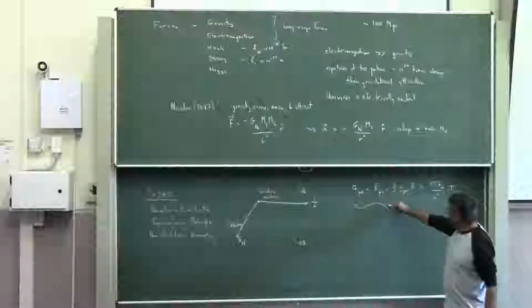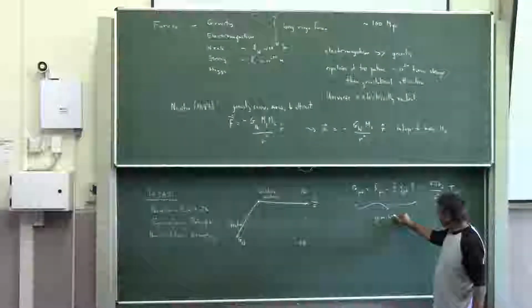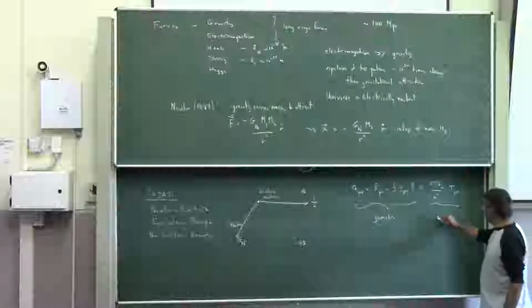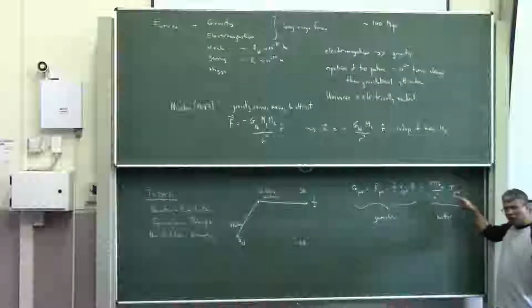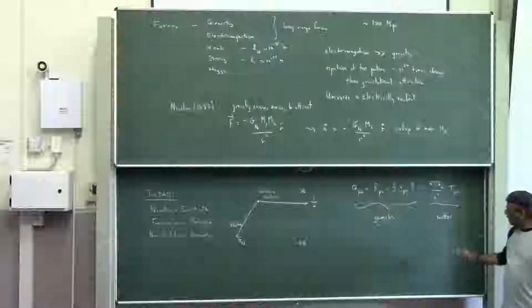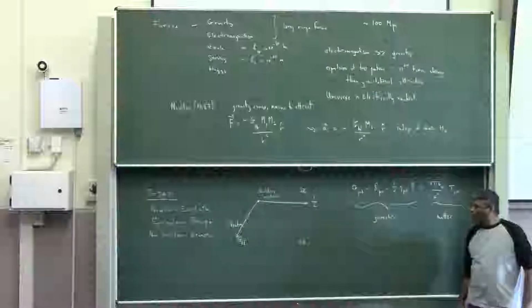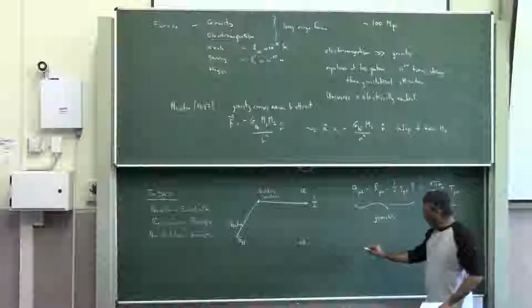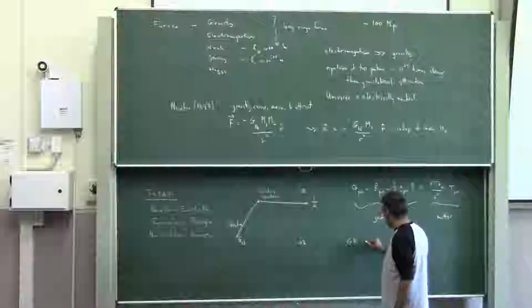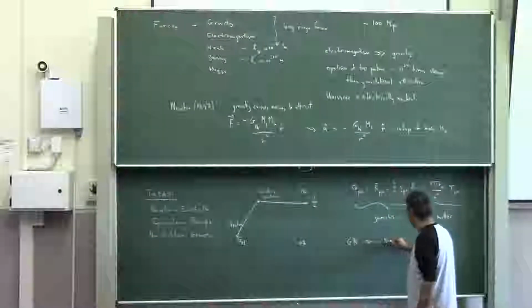The important thing is that this side is geometric, and this side concerns the behavior of matter. So geometry responds to the presence of matter, and conversely, matter responds to the curvature of spacetime. So that's the basic idea of general relativity. So GR recovers Newton in the appropriate limit.